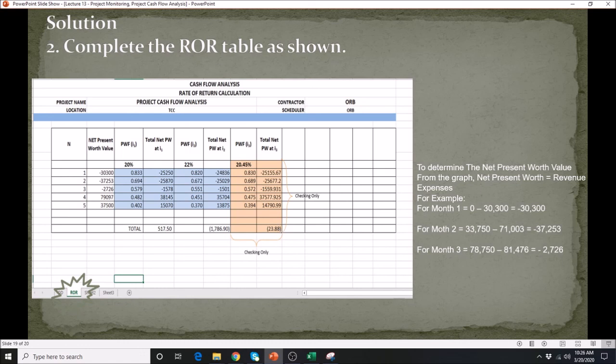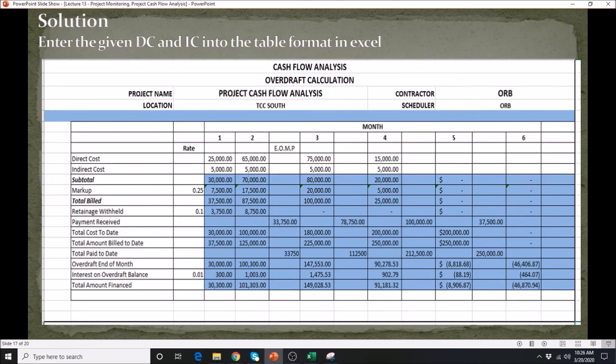So again, you will be needing the Excel format, and you are just going to plug in values. I repeat, in this particular overdraft table, you are going to plug in only the direct and the indirect costs, the markup or the contingency, the retainage withheld, and the interest. That's it that you are going to plug in here.